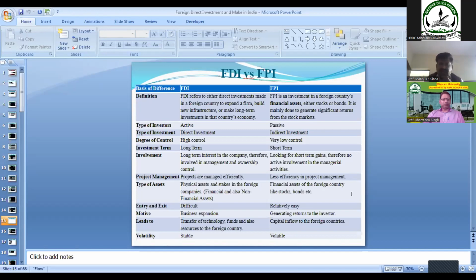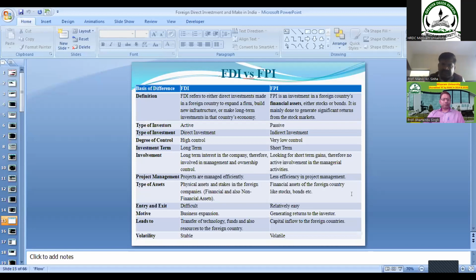Motives: in foreign direct investment, the motive is business expansion. But in FPI, the motive is to generate returns for the investor. In FDI, there is a transfer of technology, funds, other resources, and skills. But in FPI, there is only capital inflow into foreign countries.